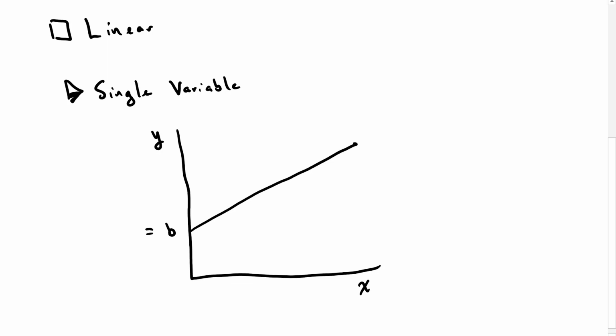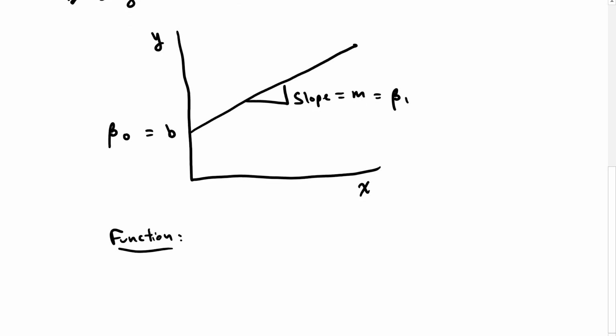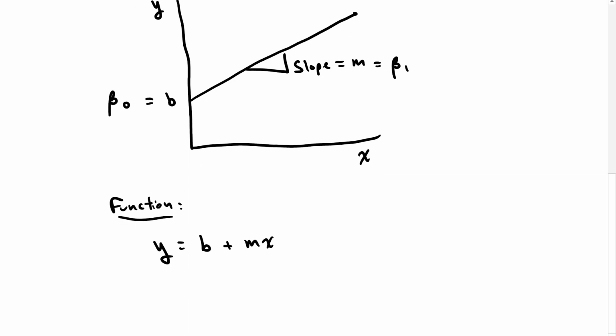We're also going to be calling this in econometrics beta 0. And then this slope is commonly thought of as m. We're also going to be thinking of this slope as beta 1. So then the linear function is y is equal to b plus mx. That's how, or at least how I think many people are taught in algebra.